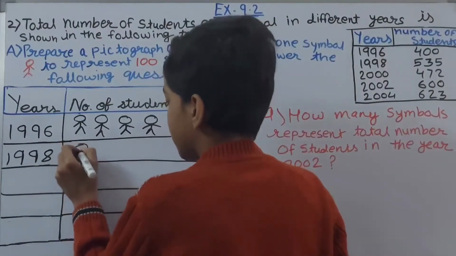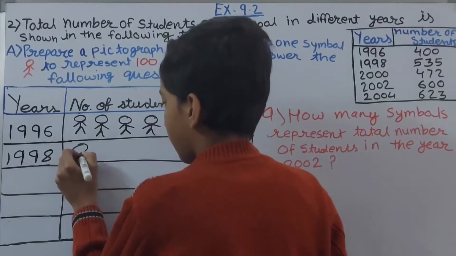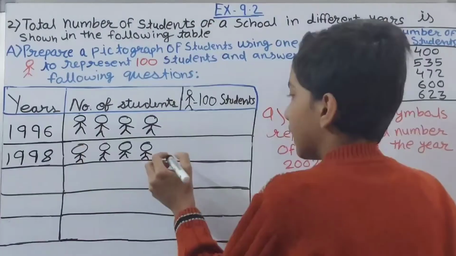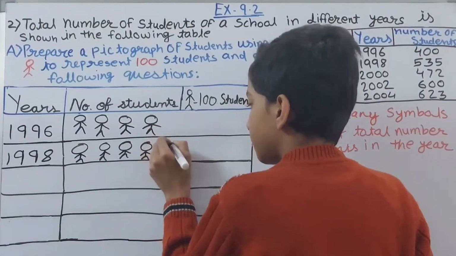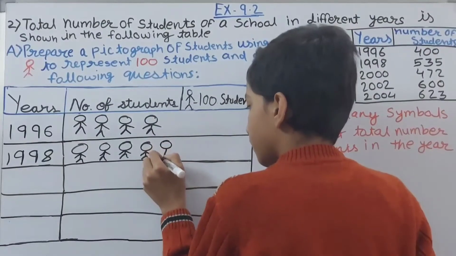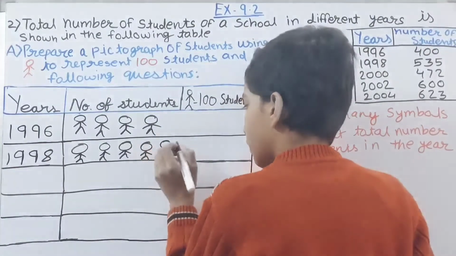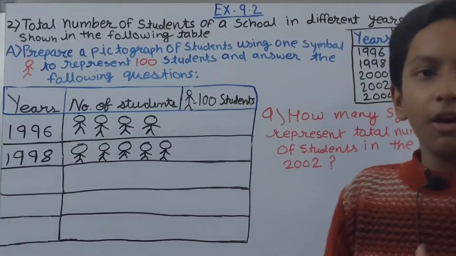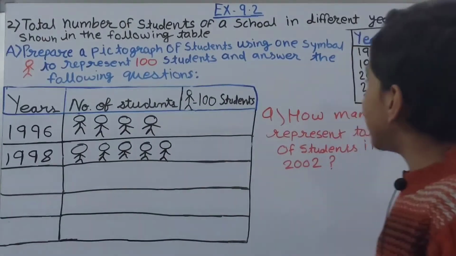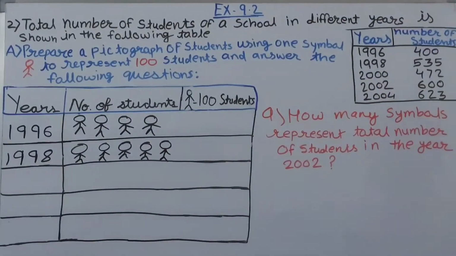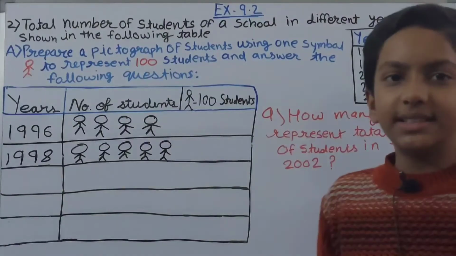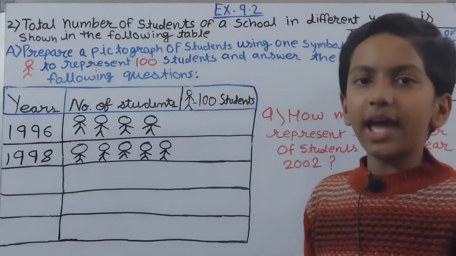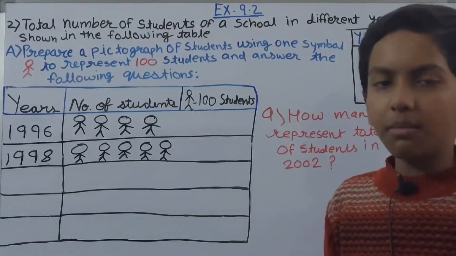So let's start making. And now the fifth one. Alright, so here we have made 5 complete symbols that are representing 500. But friends, this is not over yet. We also have 35 in the remainder.